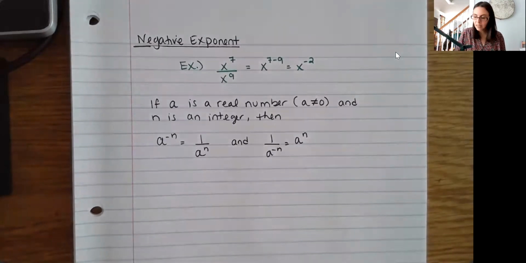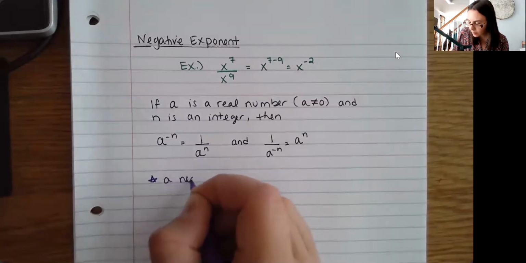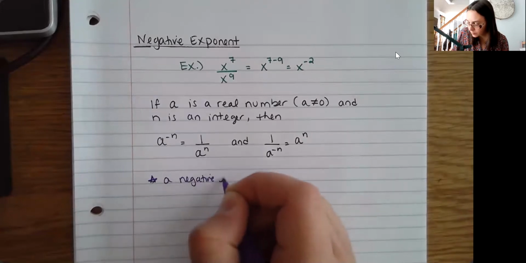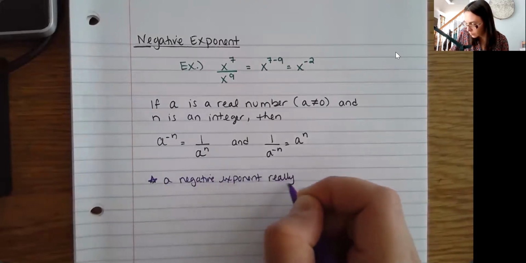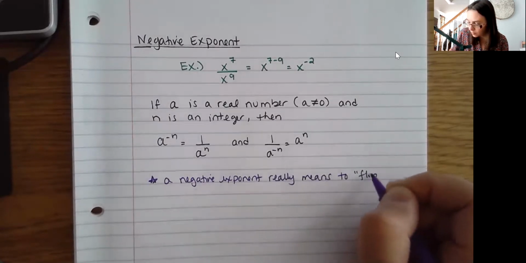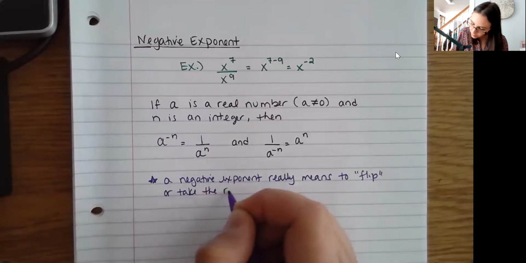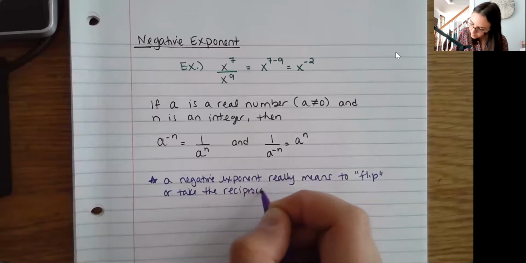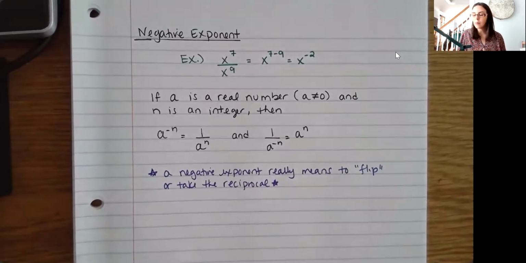So what we're seeing here is that a negative exponent really means to flip or take the reciprocal. Okay, if we're talking more formal definitions, right? So you can think of it as a flipping action, or in math, we call it a reciprocal when we kind of flip like that. So that's really what it means.